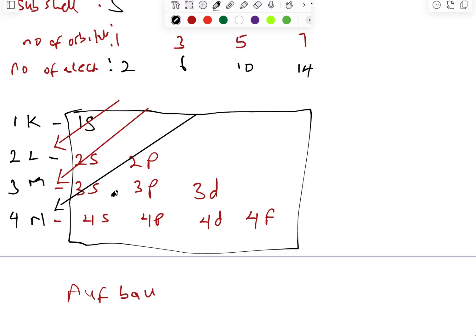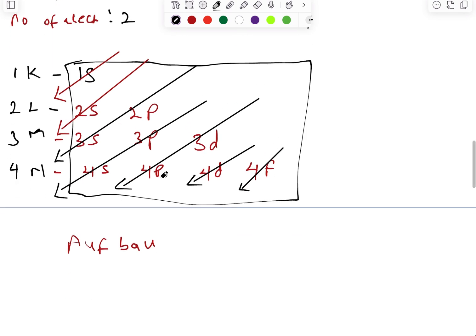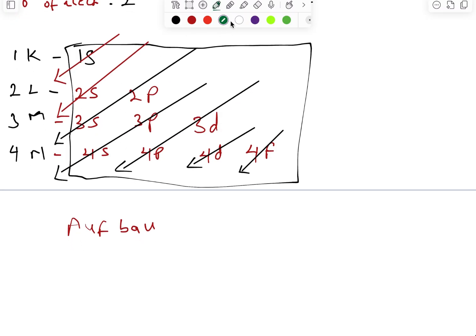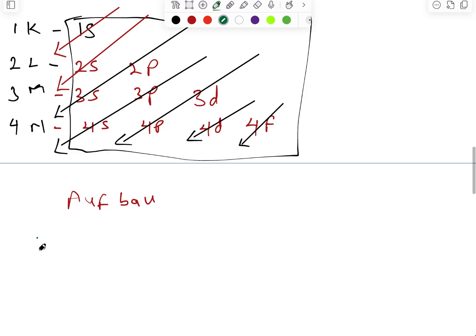You can see how it is passing. This is the fourth diagonal. This is the fifth diagonal, sixth, and this is the seventh. Now, if you follow the trend, from the first diagonal, the only thing we have is 1s. Then the second diagonal, the only thing we have is 2s.